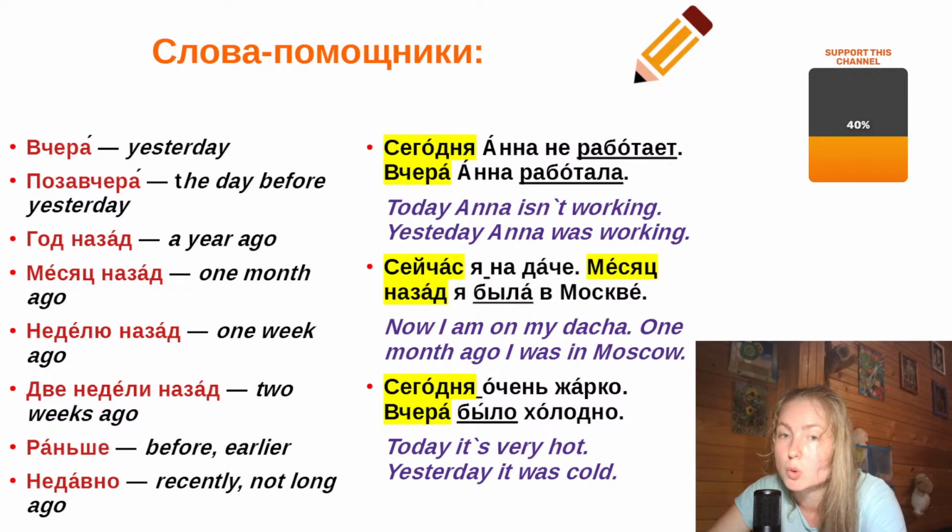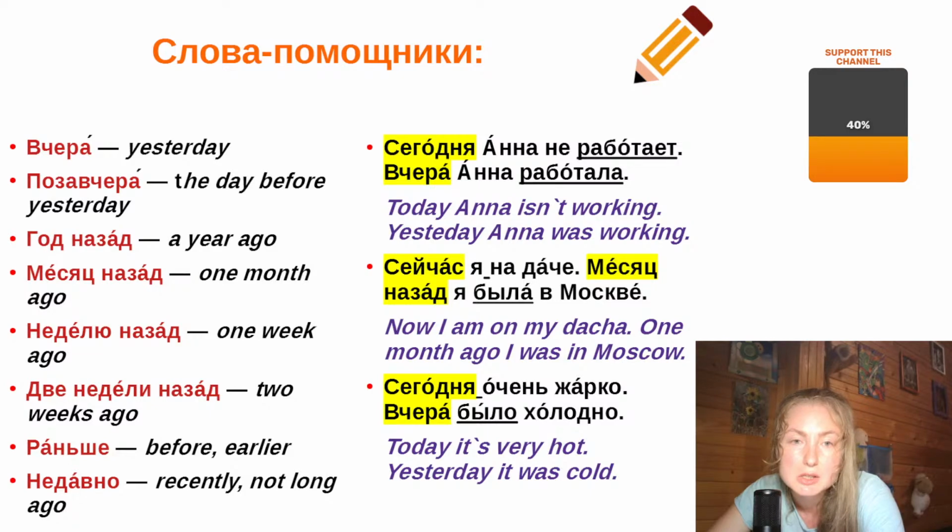That's why I pronounce год назад with a «т». So our writing and pronunciation are a little bit different. Okay, next, the fourth word, месяц назад, one month ago.